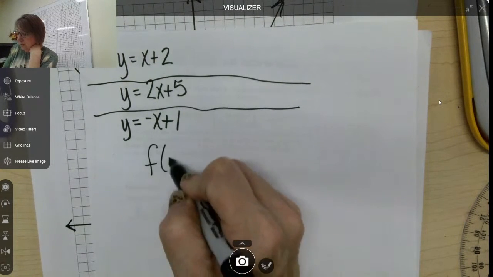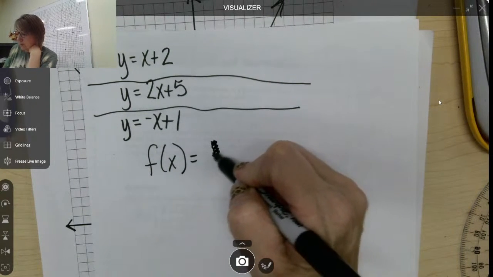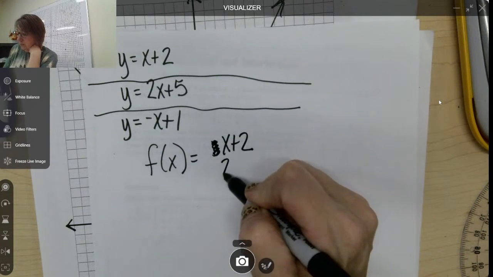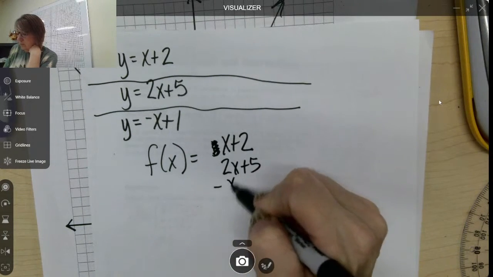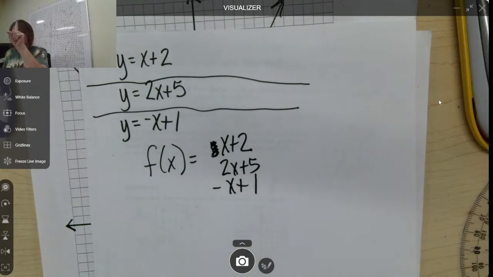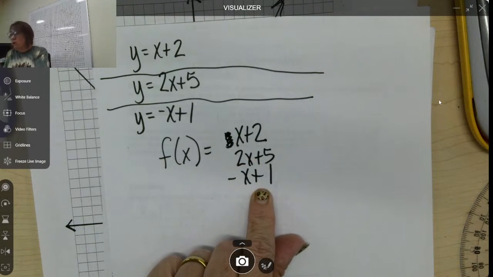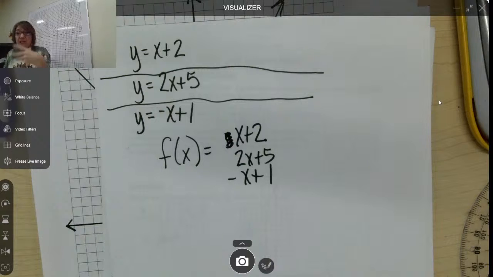This was a piecewise defined function, which means we have one function, but that function is made up of pieces of different functions. So we're going to use a piece of this one, a piece of this one, a piece of this one. We're just using pieces of each one of them. That's the whole point of a piecewise defined function.